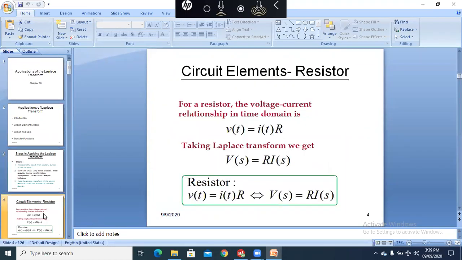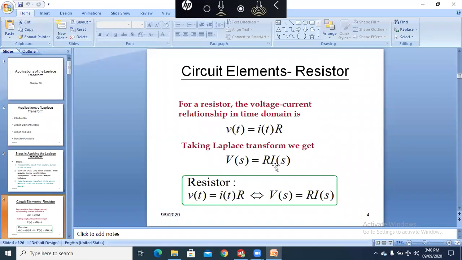So we have the voltage current relationship in the time domain. This is Ohm's law, and it can be represented in the Laplace domain by V of s equals R I of s. So we can find the voltage across the resistor in the Laplace domain by this method.